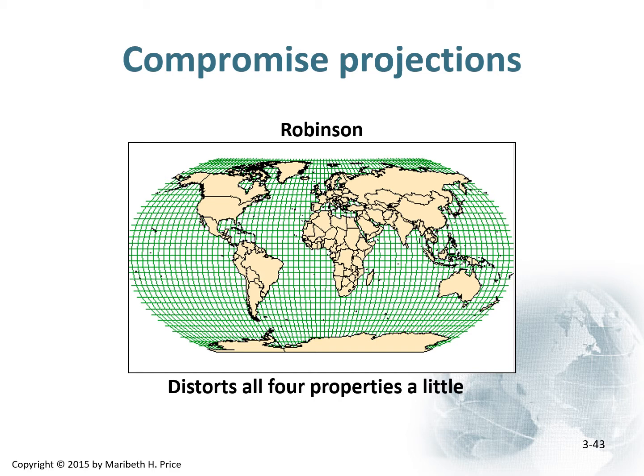Robinson's a good example of a compromise projection. Unlike other projections that tend to preserve some things at the expense of others, a compromise projection distorts everything a little bit. It tries to limit it so it doesn't distort anything too much, but it doesn't preserve anything either. So everything gets distorted just a little.